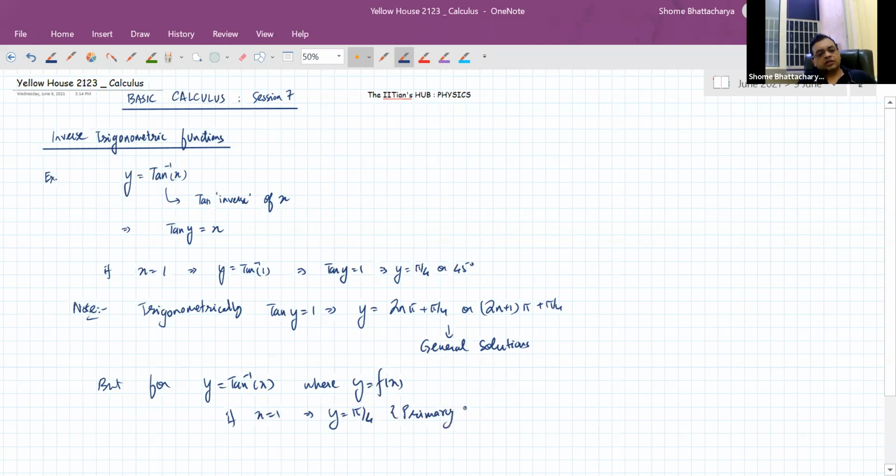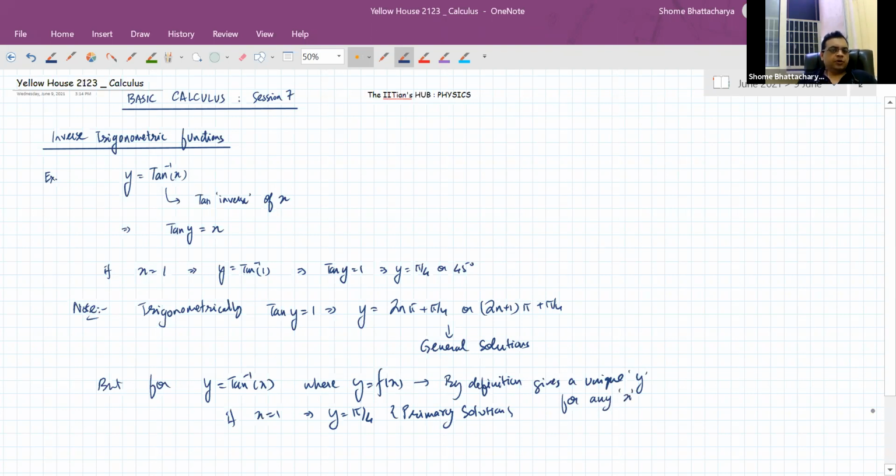And not the general solution, because a function by definition gives a unique value of y for any value of x.